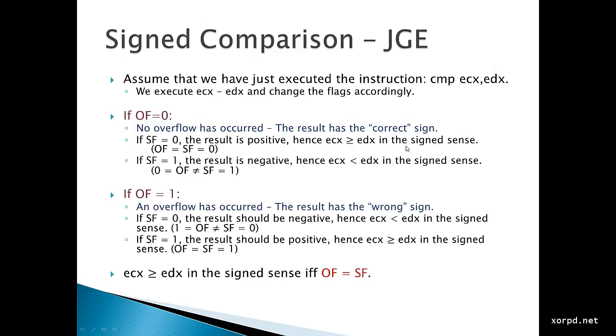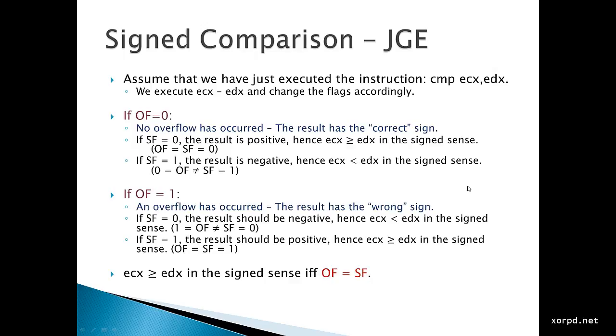We can also see that in all the other cases, we have the opposite. We have that ECX is smaller than EDX. So we can conclude that ECX is greater or equal than EDX in the sign sense if and only if the overflow flag equals the sign flag.